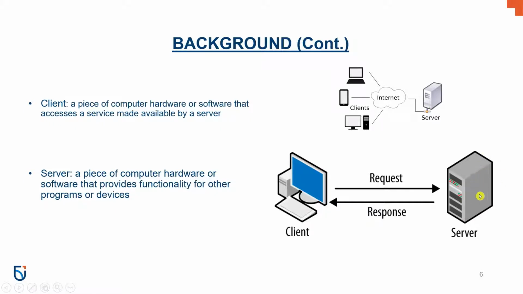If it's invalid, of course, this is going to give you an error. If that is valid, the server is going to respond to you. So you, being the client, make a request, and which fulfills the request is the server. So this is how a client-server model works.